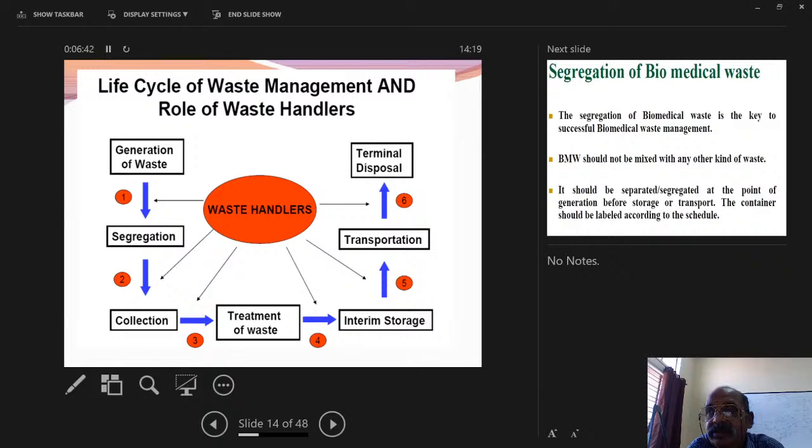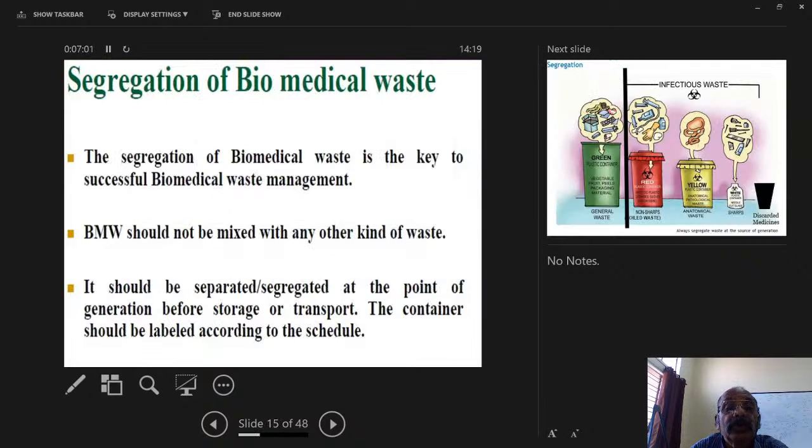Waste generated in medical stores should be segregated in the medical stores itself. And then collection and treatment of waste, and in between there is interim storage, transportation, and terminal disposal. So this is the cycle of waste management.